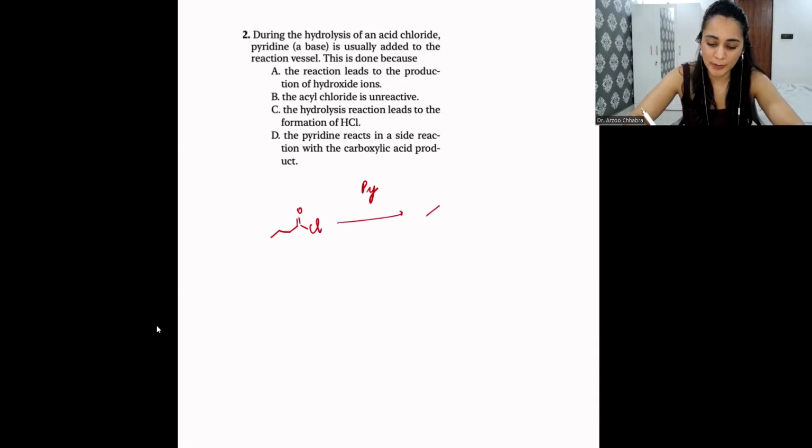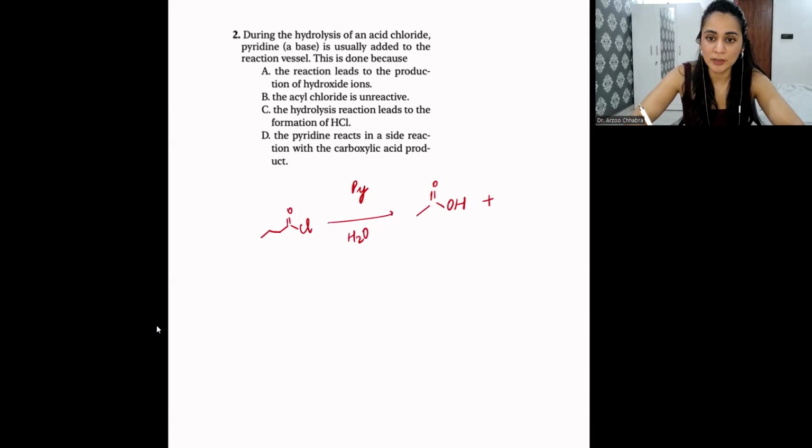Because when they do the hydrolysis, meaning they react the acid chloride with water, hydrogen chloride is the side product of the reaction, which is an acid. When acid is formed as the side product, you don't want to have an acidified solution. So they add the base to neutralize the reaction.